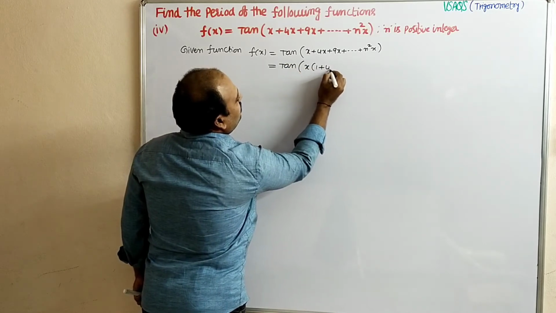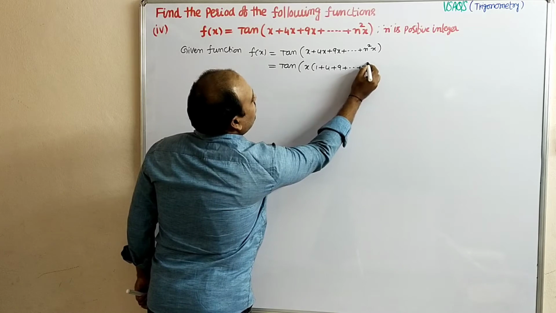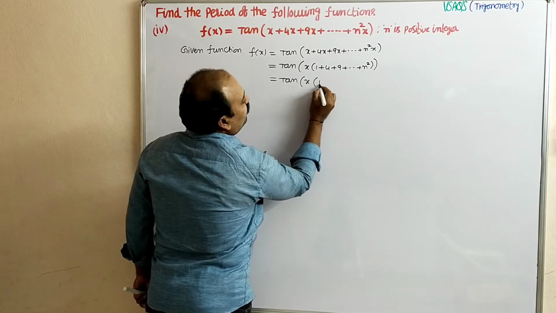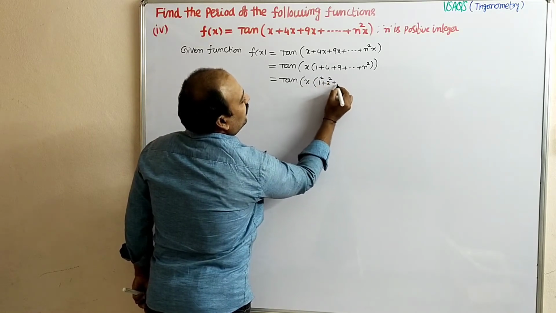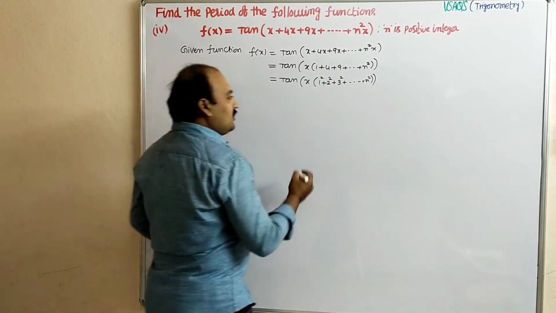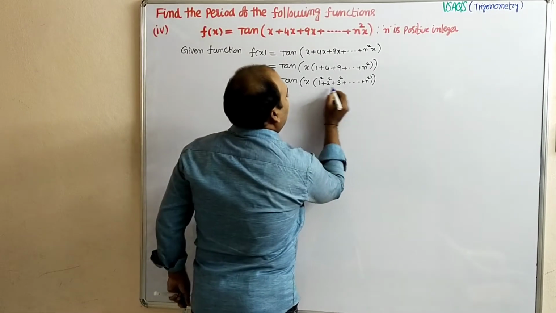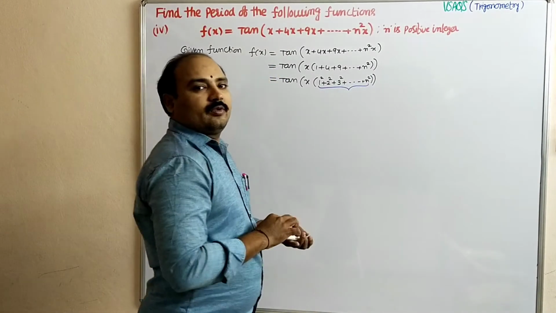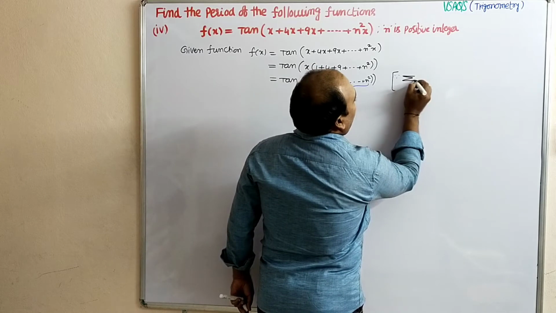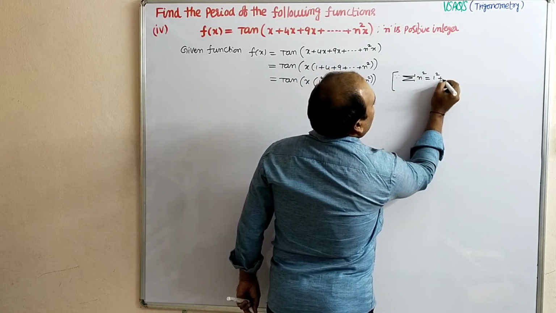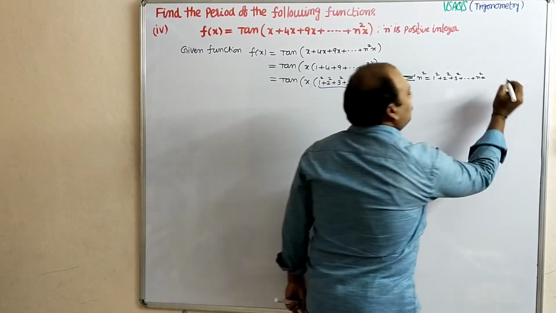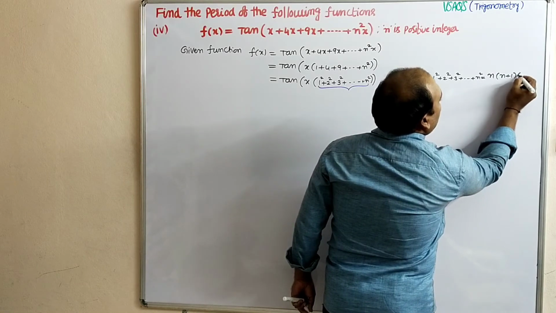take common 1 plus 4 plus 9 plus and so on plus n square. That also can be written as tan of x into 1 square plus, 4 can be written as 2 square, 9 can be written as 3 square, plus and so on n square. This bracket value we know that sigma n square equals 1 square plus 2 square plus 3 square plus and so on, the sum of the squares of the first n terms, n into n plus 1 into 2n plus 1 by 6.